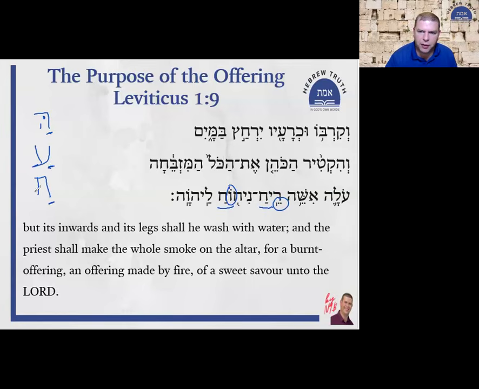We have kind of an auxiliary vowel that helps us pronounce the guttural letter at the end of the word. So reach, nichoach.